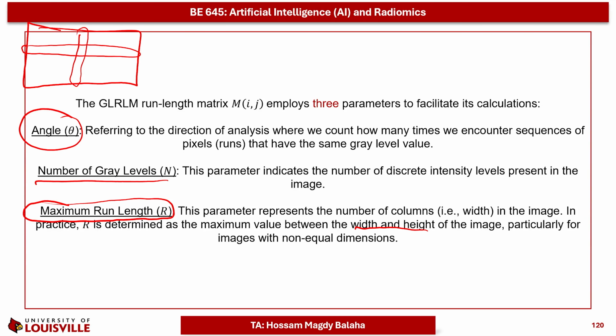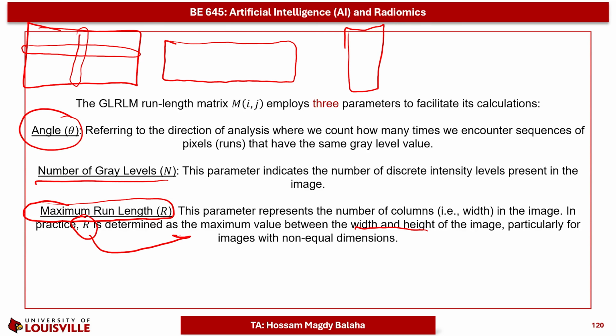But if you have an image that has a width more than the height or height more than the width, then let's make it general: R will be determined using the maximum value between the width and the height. And if you are dealing with 3D images or 3D volumes, then you can find the maximum between width, height, and depth. So we define the angle, and we can determine automatically the values of n and R.